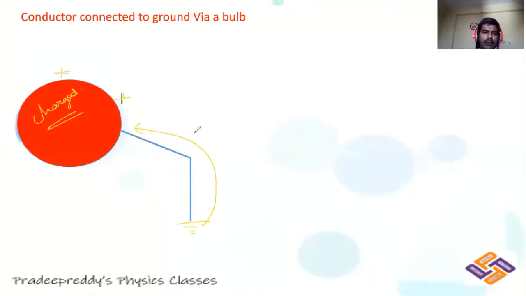An equal amount of negative charge is transferred from the ground to make it neutral, right? This is already learnt. This is nothing new to you, because we have already discussed it in electrostatics. Then what is new here?